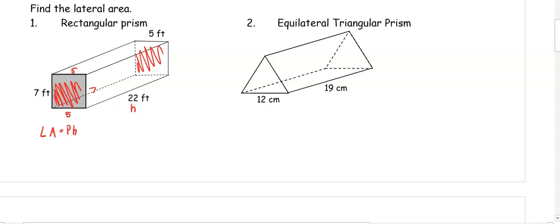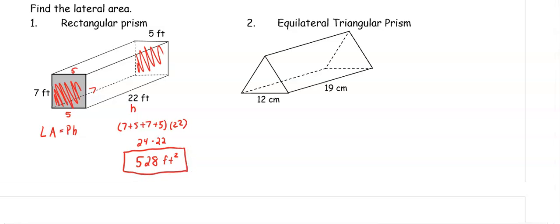So when we go to find our area, our perimeter is going to be 7 plus 5 plus 7 plus 5 times the height of 22. Well, if we add them together, our perimeter is 24 times 22, which gets us 528 feet squared.